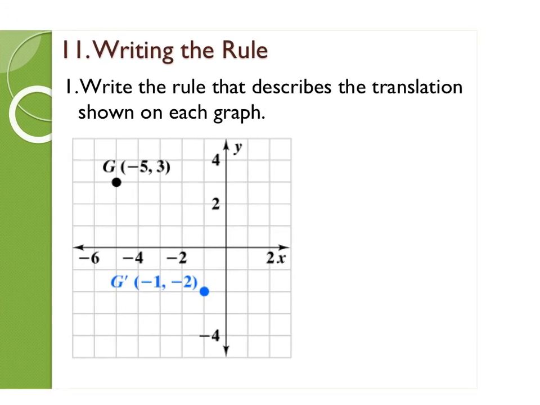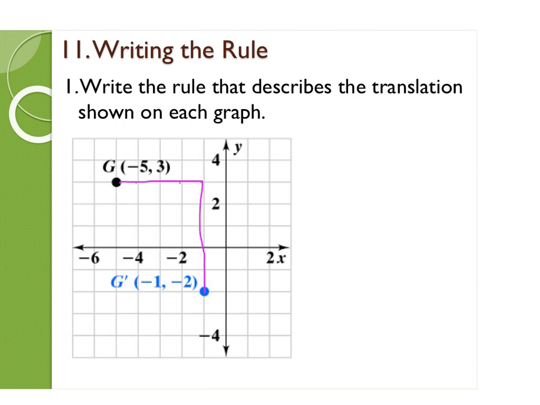Okay. Section 2, writing the rule. Write the rule that describes the translation shown on each graph. Okay. So G is my pre-image, G prime is my image, okay? So look in here. My X is moving 1, 2, 3, 4.